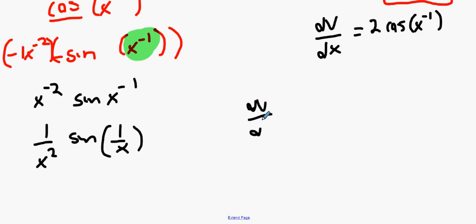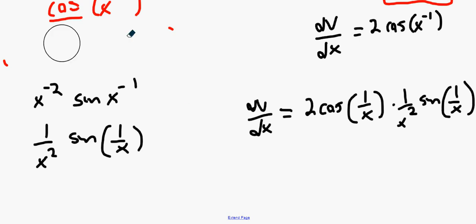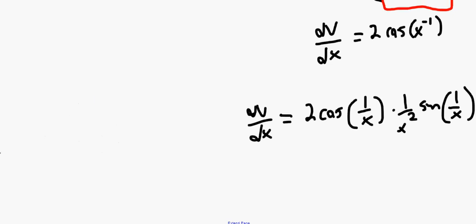And we haven't even got into the quotient rule yet. So that's 2 cos. Now I'm going to change that x to the minus 1 back into 1 over x, and then 1 over x squared sine 1 over x. Now this is a very difficult question, okay? Very difficult question. It's an insane question, to be honest. I don't know what they were thinking.